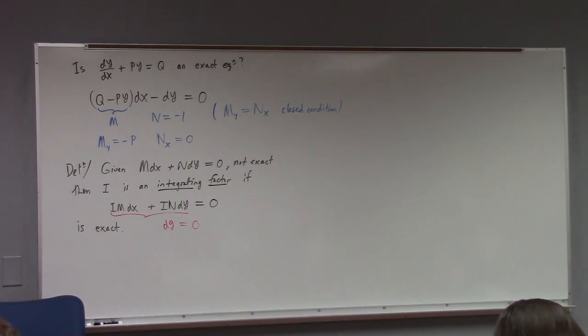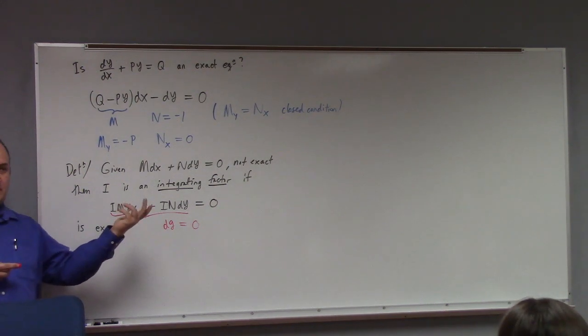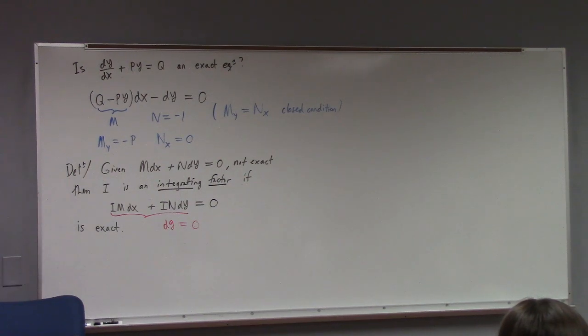Well, think about this. If that works for I, what would happen if I did twice I? I would just get that same expression as twice the differential of g, whatever g was, right? Or if I did 10 times I would just get the differential of 10g. So an integrating factor can definitely be scalar multiplied, so it's not unique, right? There's more than one integrating factor if there's one.